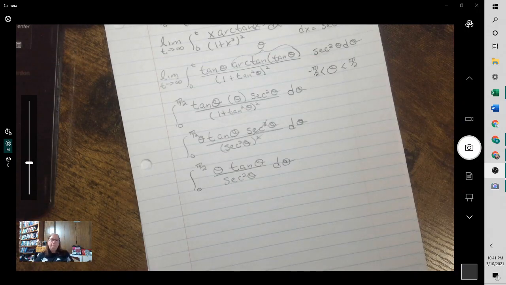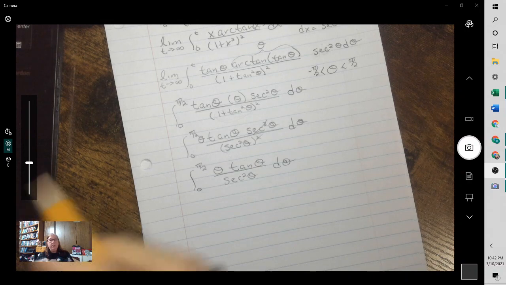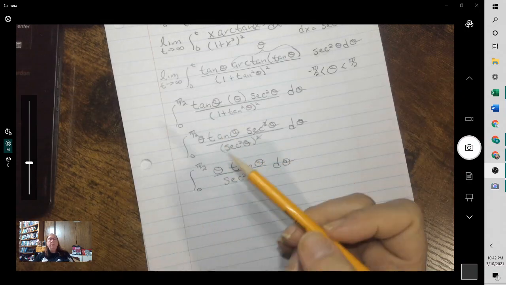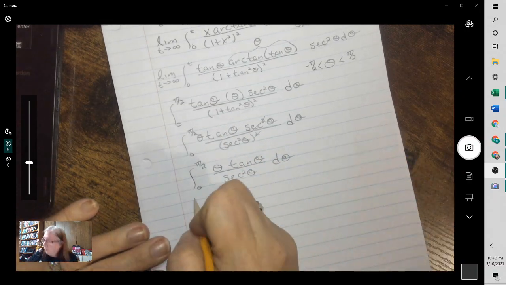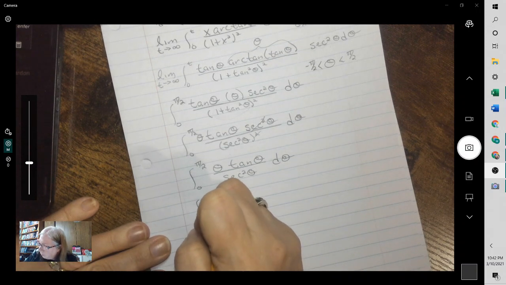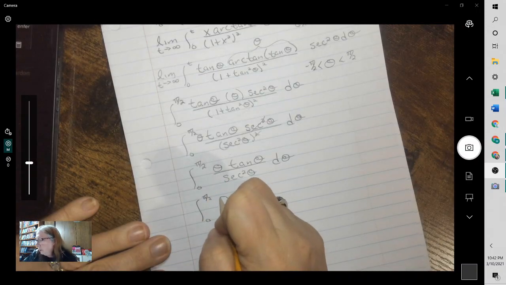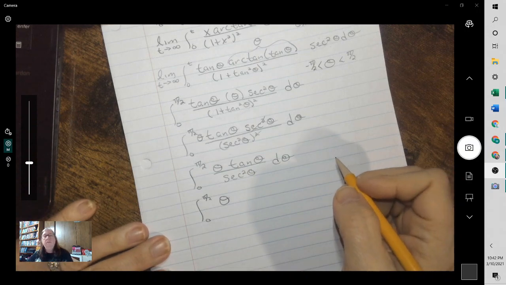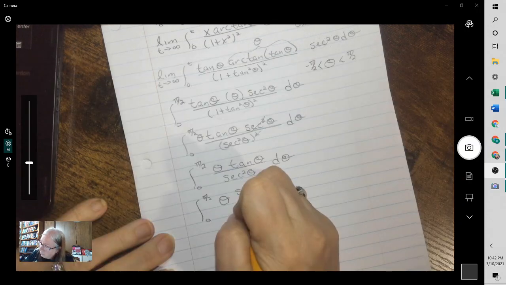Okay. Now's where you want to put your sines and cosines in there. We just have all kinds of multiplication and division rather than this addition. Here's where you want to switch them around. So we can go from 0 to pi over 2. We still have theta. Tangent, someone mentioned, was sine over cosine.